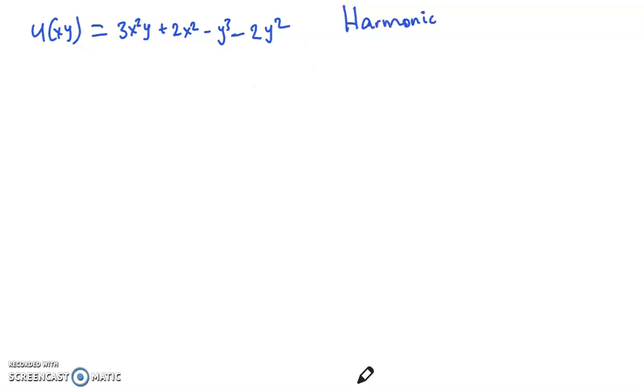For a function to be harmonic, it must satisfy the Laplace equation. And for a function to be analytic, it must satisfy the Cauchy-Riemann equations. So we are not interested in Cauchy-Riemann in this video. We want to check whether this function satisfies the Laplace equation.